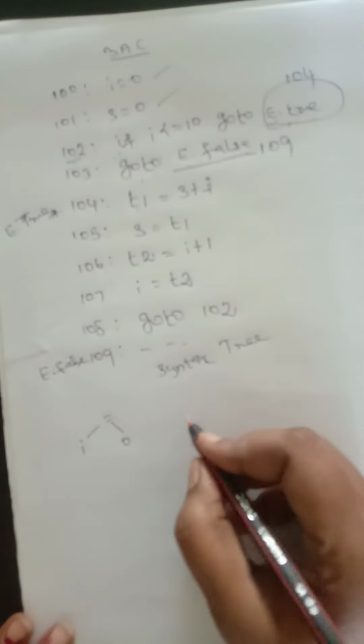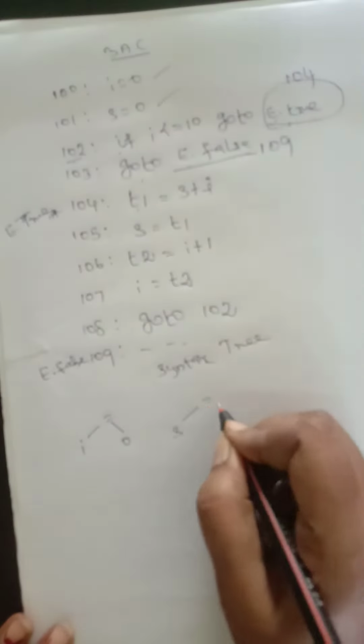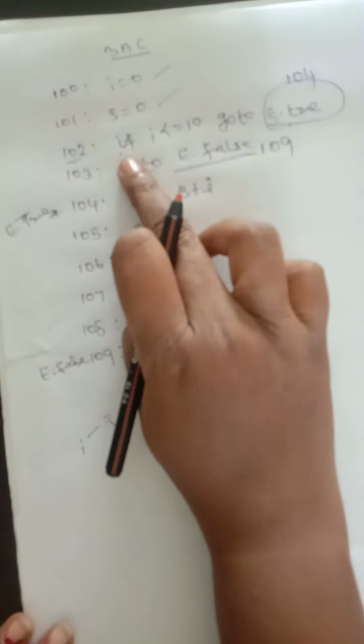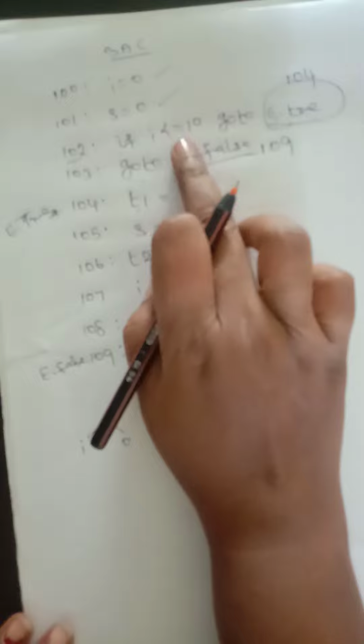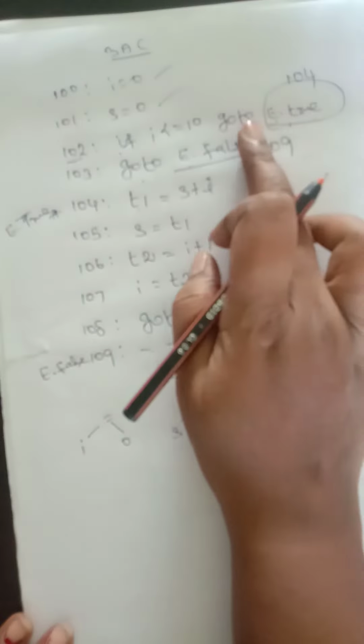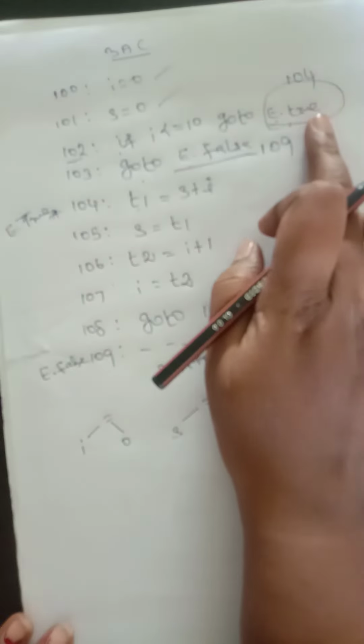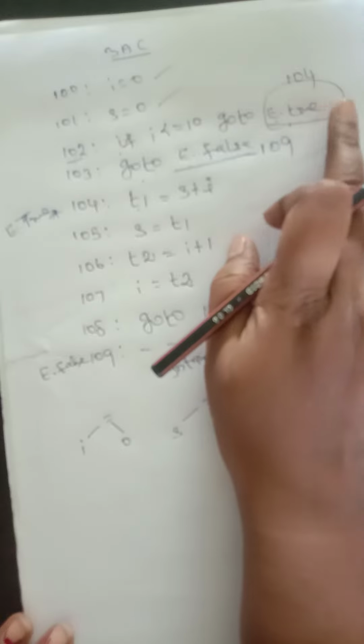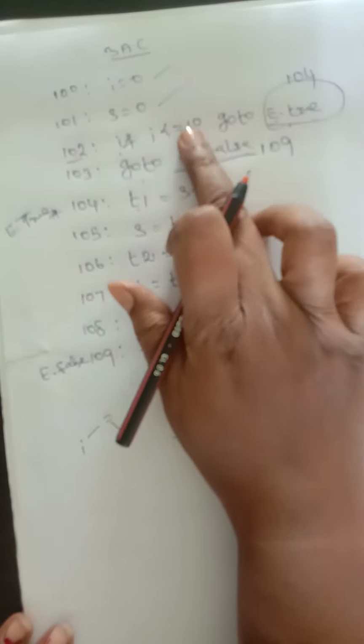What's the next statement? S equal to 0. What's the next statement? If I less than or equal to 10, go to E dot true. So construct the tree for I less than or equal to 10.